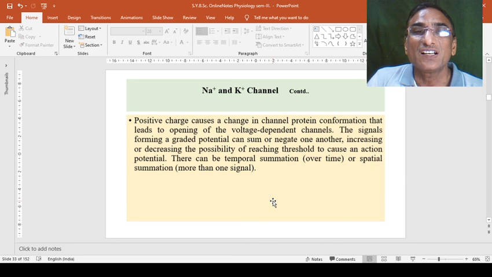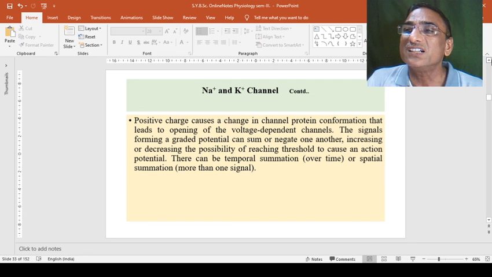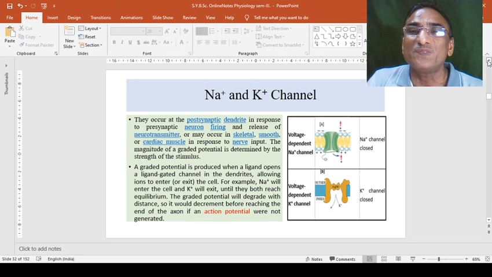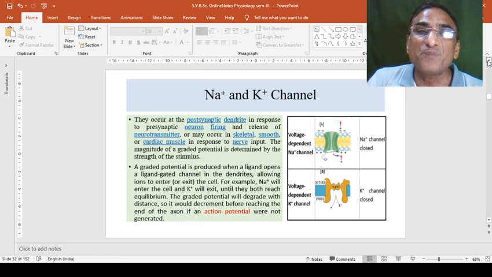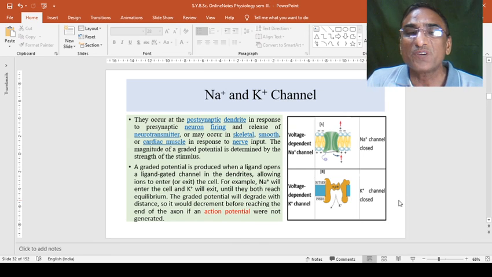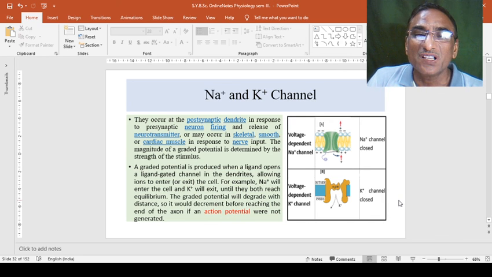This is about the sodium-potassium channel and the ion-gated movement of the sodium-potassium pump. The sodium-potassium pump is the main thing which carries out all these things related to membrane potential, that is, graded potential.